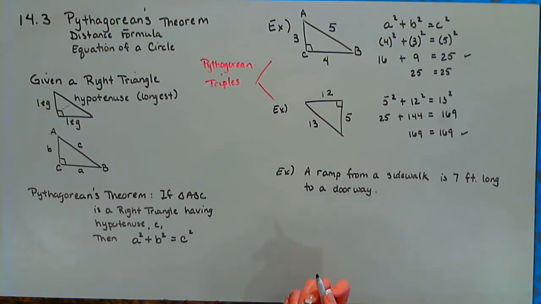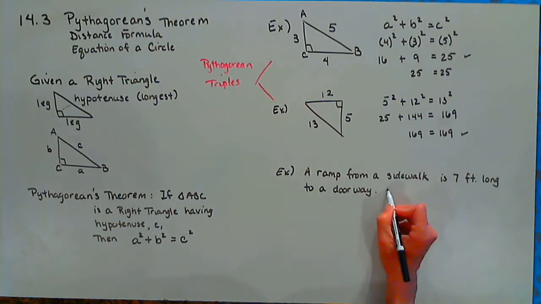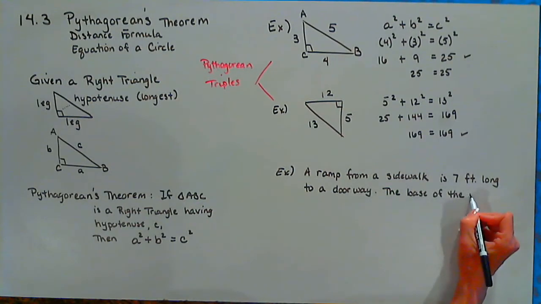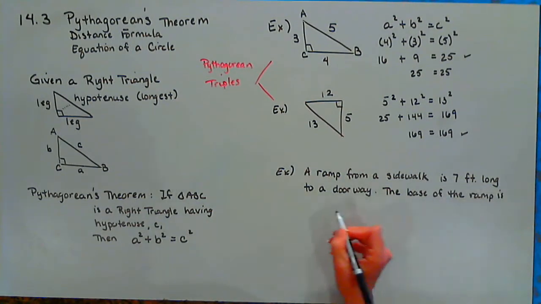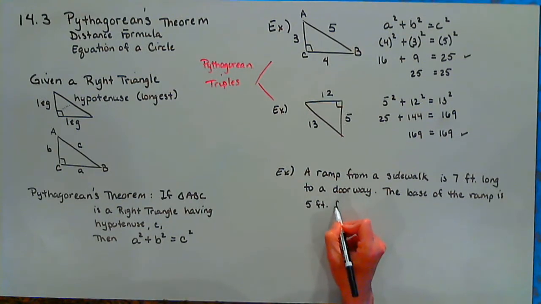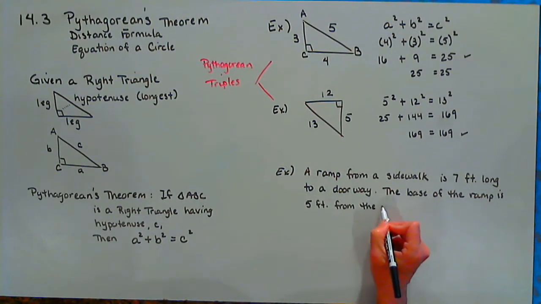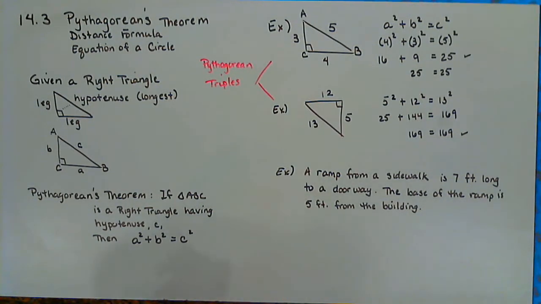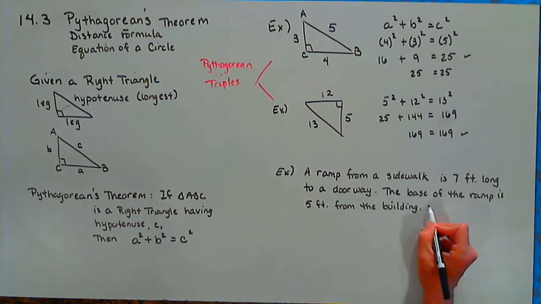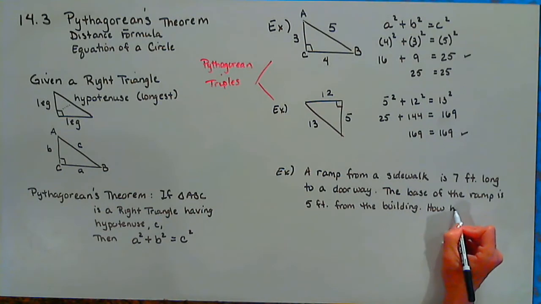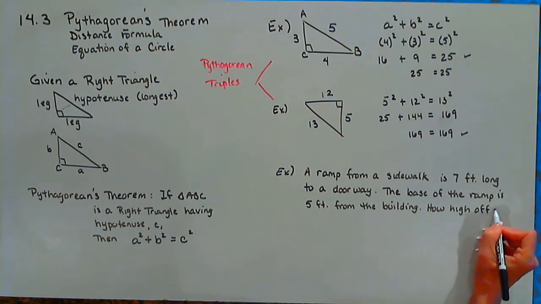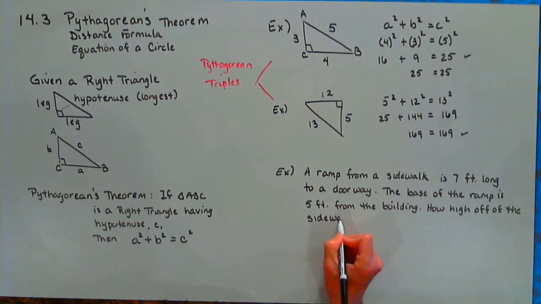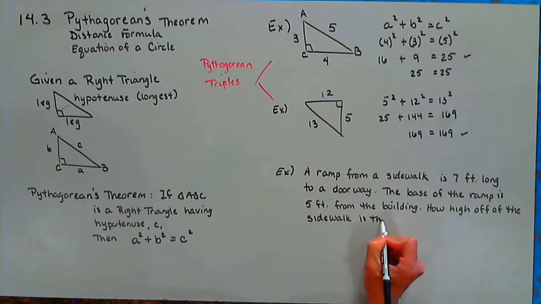Now, let's say the base of the ramp is 5 feet from the building. So what I'd like to know is how high off of the sidewalk is the door.